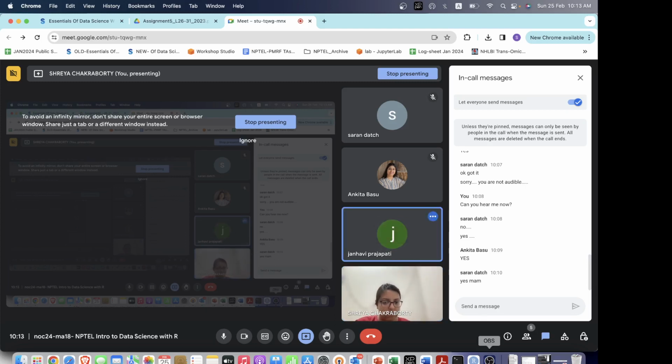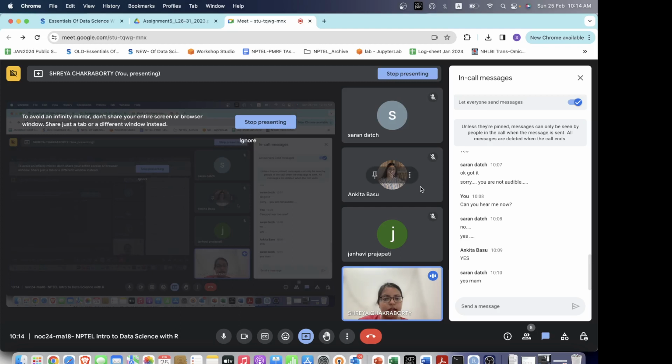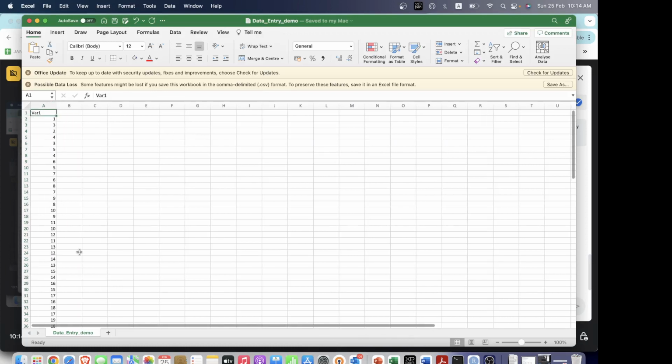So my suggestion to you is, during exams, mostly you will be given something which won't be too lengthy. But even if you are given something very lengthy, my advice to you is just save it in an Excel. Just write it down in an Excel sheet. Like here, can you see the count?